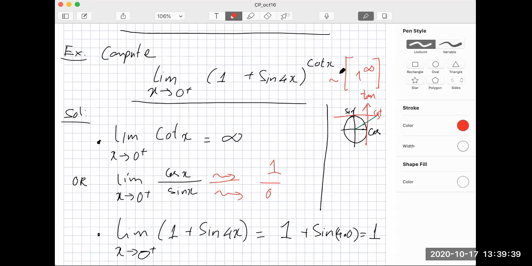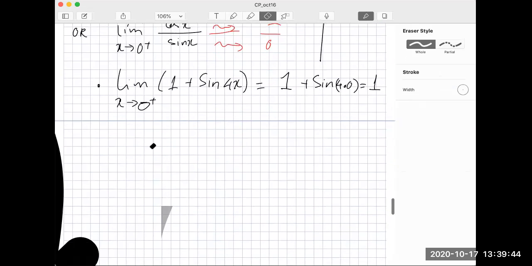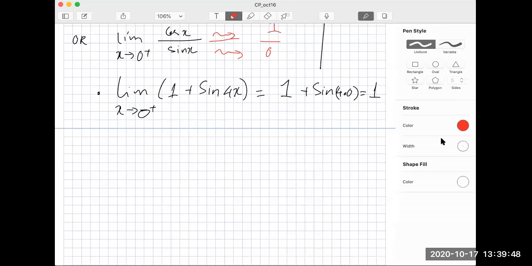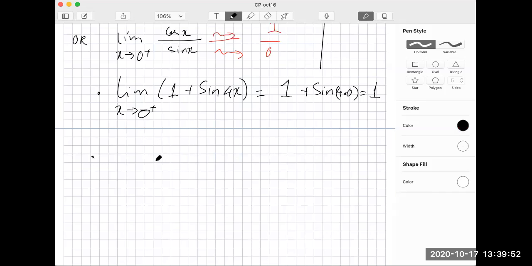Before doing that, let us use the properties of the natural log function. Look at this.